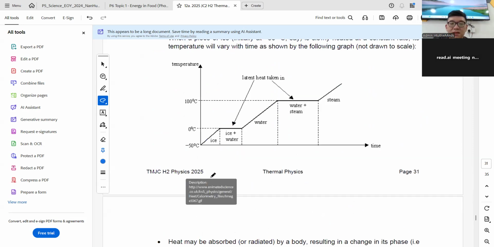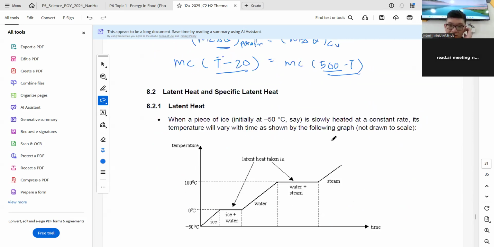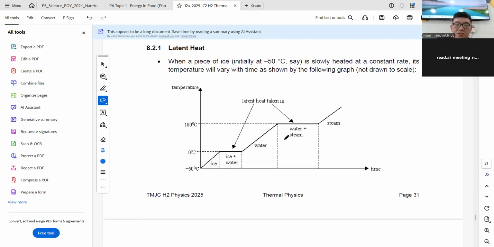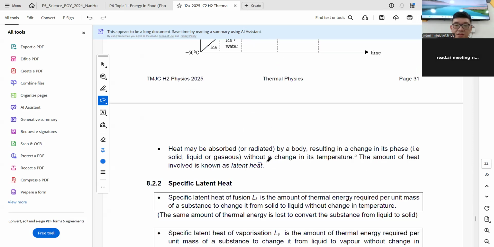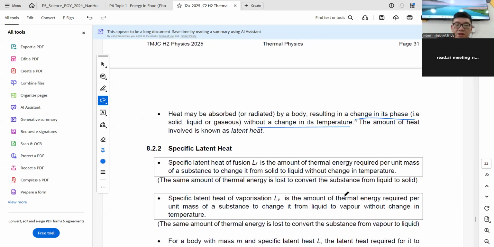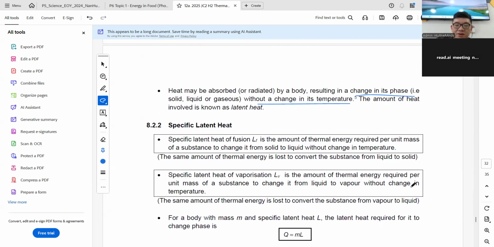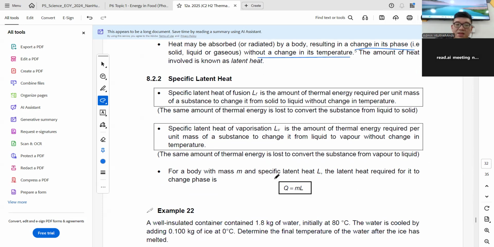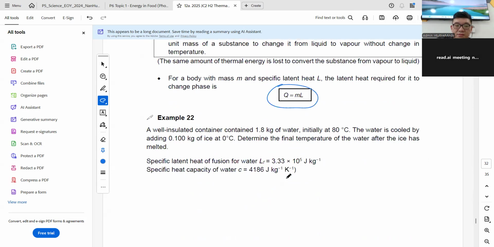For the next one, it's about latent heat. Latent heat is due to state change. Okay, so again, 1 mark definitions to memorize. Be sure to memorize them. And then this is the formula. So this is also the heat loss and the heat gain.